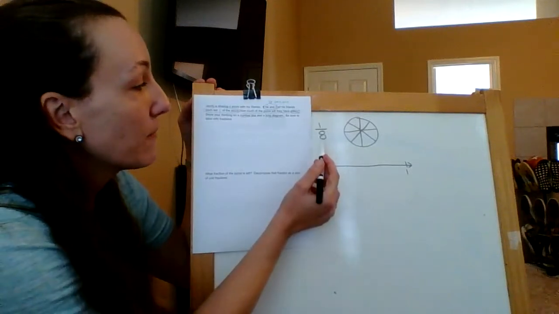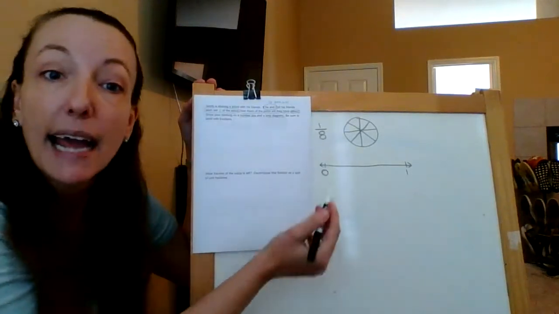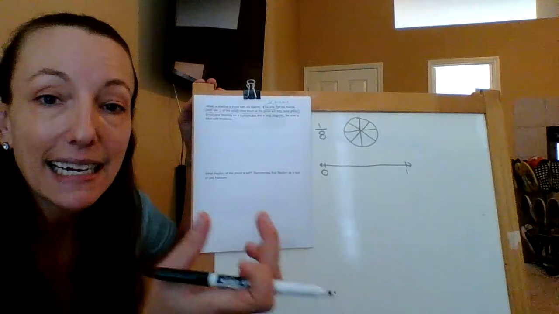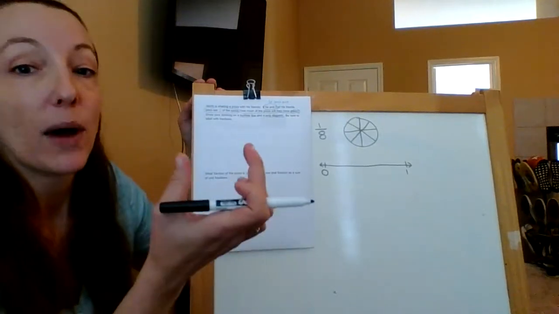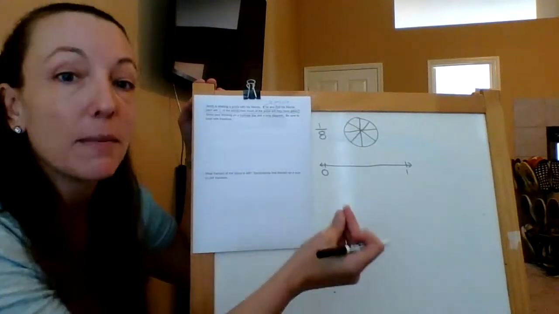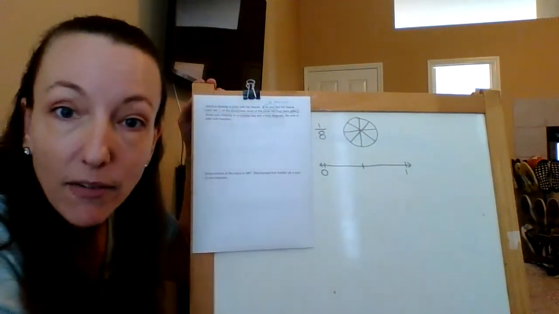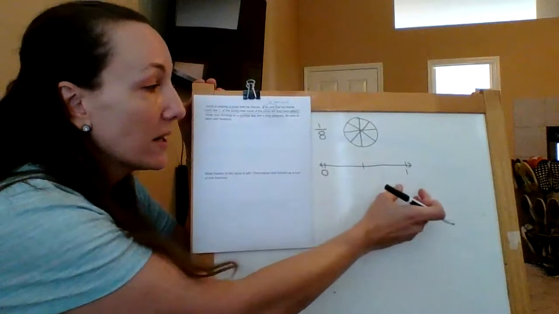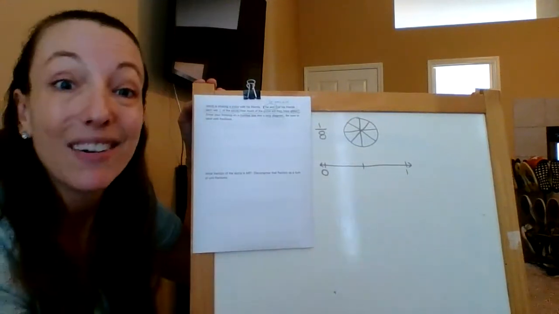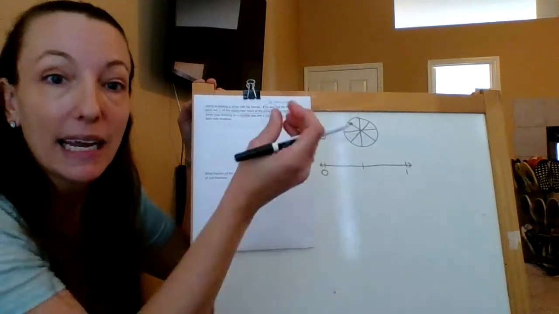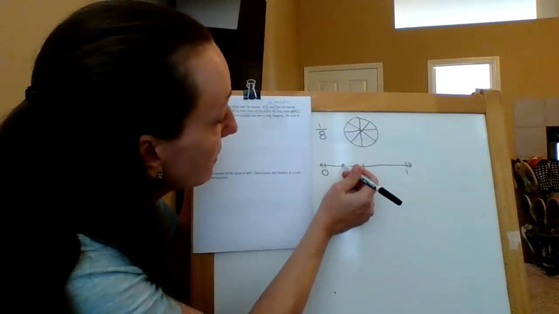And again, I'm cutting it into 8ths. That means I need 8 total pieces, and 8 is an even number. So I can start by cutting it in half to try to make sure my pieces are equal. So that looks like it's about halfway to me. And then I need 4 sections on each side. And 4 is another even number, so I can cut each section in half to try to make sure my pieces are as equal as possible.